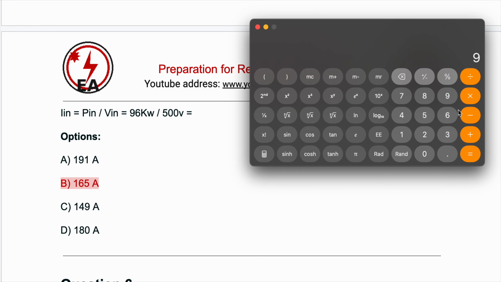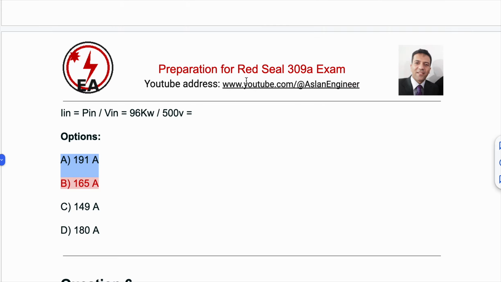I divide both by 1000, so we can write 96 divided by 0.5, and it's 192 amps. This option is the correct answer for this question, 191 is the answer. It was 191 or 192, but because I rounded it, it was 95.6, and no problem, it's the answer.